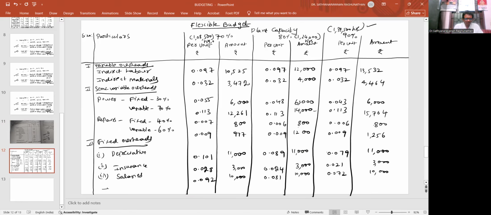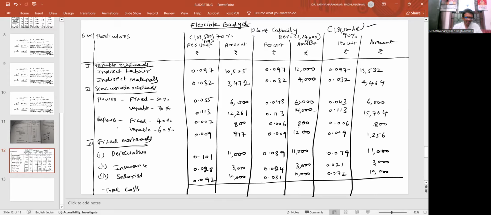Now, total cost. You add only the per unit column. You need not add the amount column. You add only the per unit column. That is what is required. Okay.